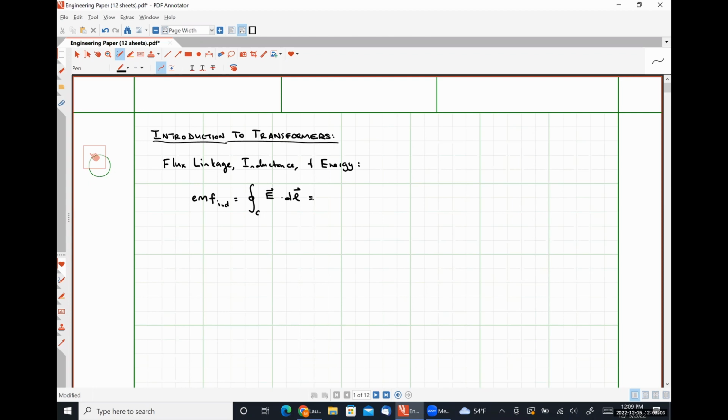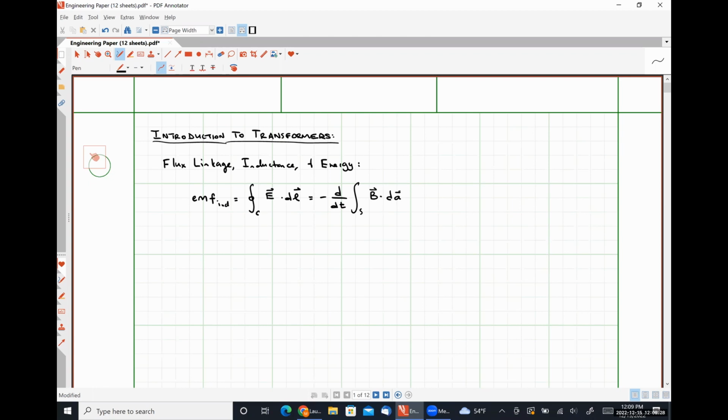And that's going to be equal to negative the derivative with respect to time of the surface integral of the magnetic flux density B dotted into some differential area element A. Okay, so this is the big picture math definition that we are literally never going to use.